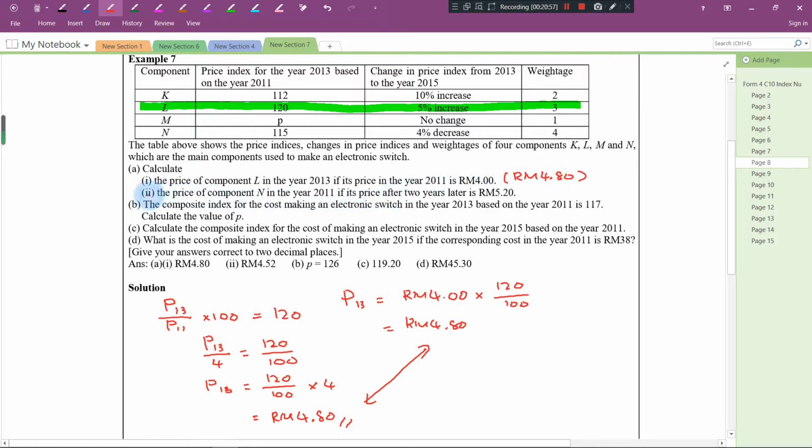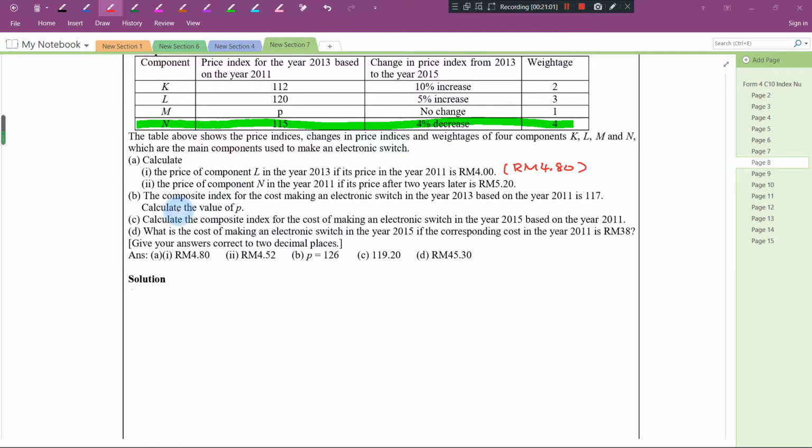Okay, now let's solve the second part. The price of component N. Okay, now focus on this component N in the year 2011. If its price after 2 years, it means 2013, becomes 5 ringgit and 20 cents.